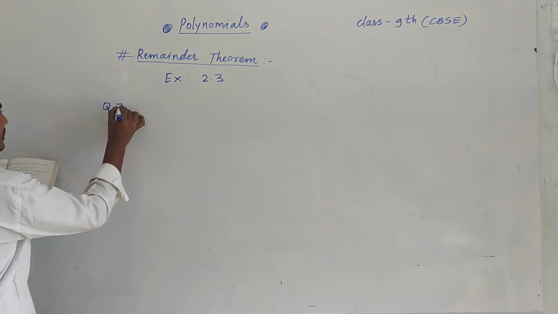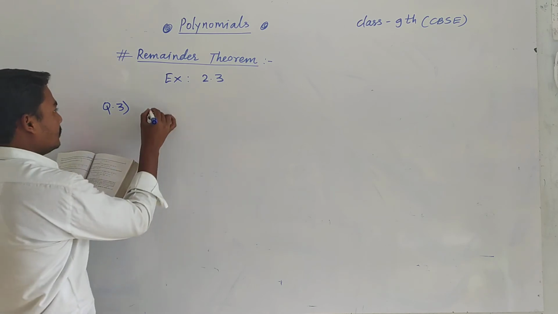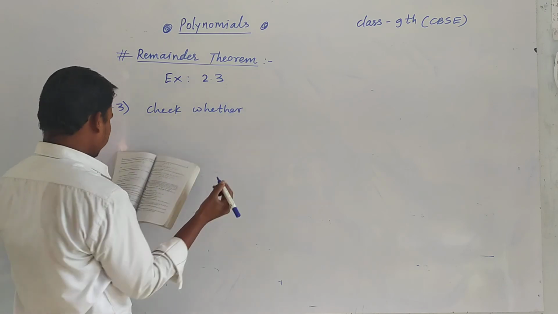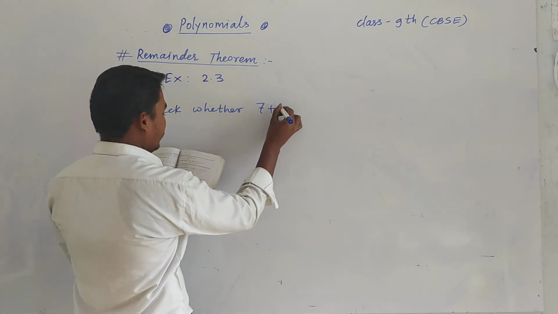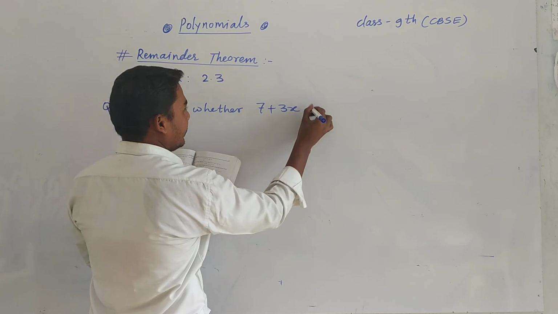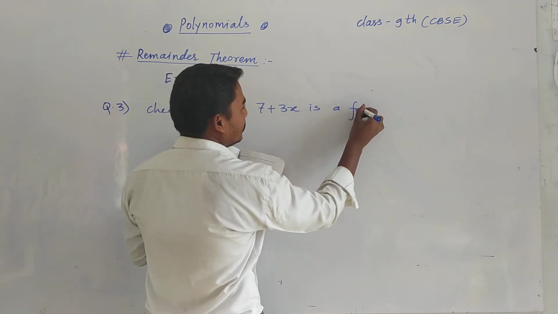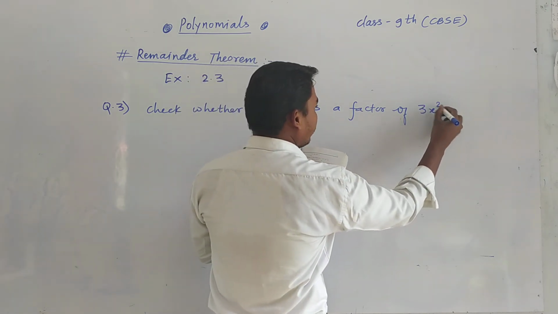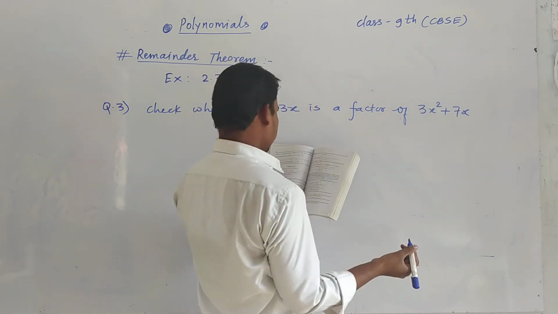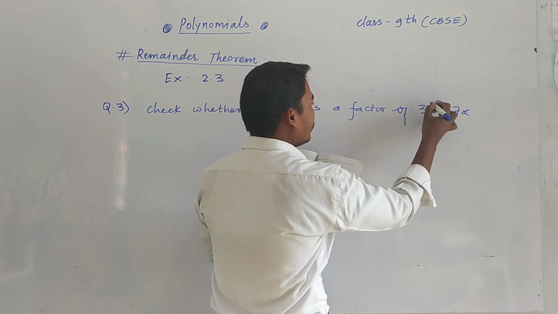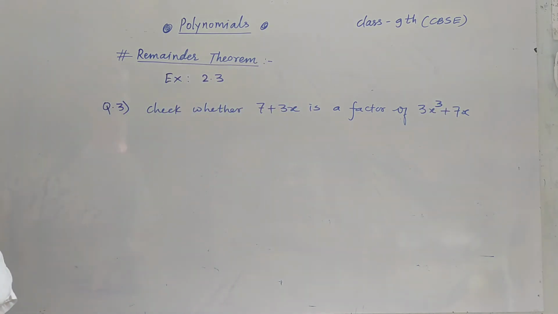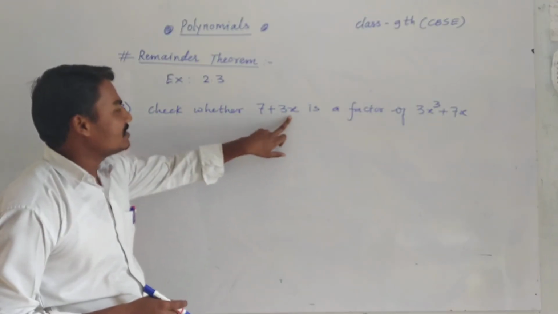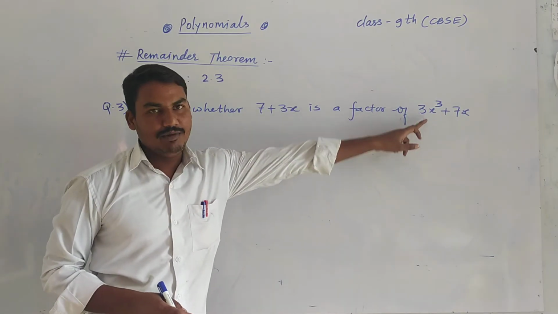Question number 3. In this, check whether 7 plus 3x is a factor of 3x cube plus 7x. We have to check whether 7 plus 3x is a factor of this polynomial.